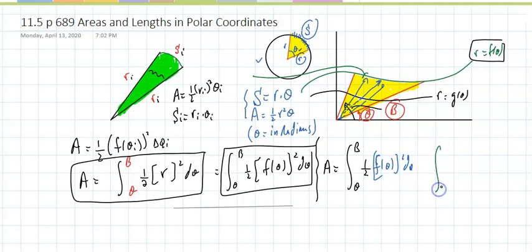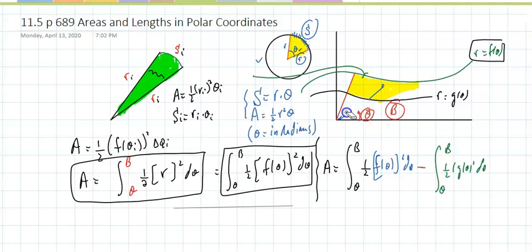If I take the integral from theta to beta of 1/2 g of theta squared d theta, that will get me this area, because the arrows run to right there. And if I subtract the two, guess what? I'll get the desired area.